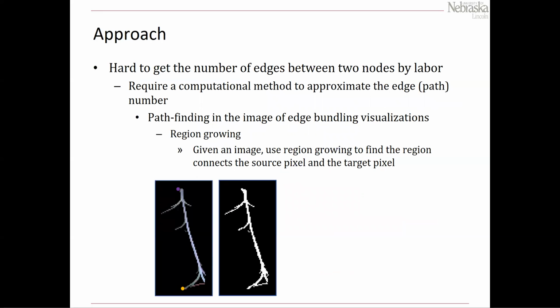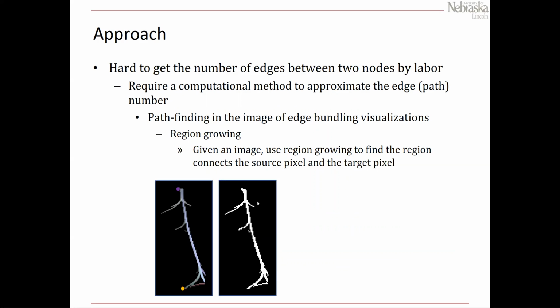And some practical challenges we have: it is non-trivial to get the number of edges connecting two vertices in a visualization. So it requires a computational method for us to approximate the edge or path number between the two vertices. So we developed a path finding algorithm to calculate the possibility of paths connecting two vertices in a real visualization.